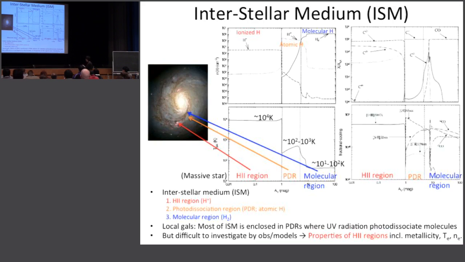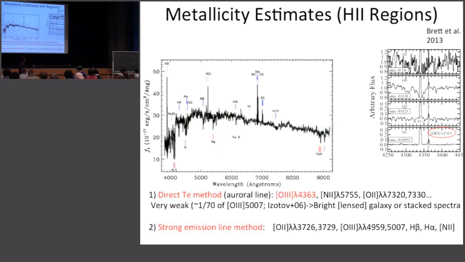So what people do is to just focus on H II regions for measuring the metallicity and ionization parameter, because they emit strong emission lines, which are useful to diagnose the metallicity. To estimate the metallicity of galaxies, there are two major methods.